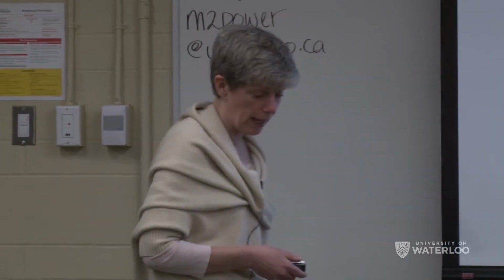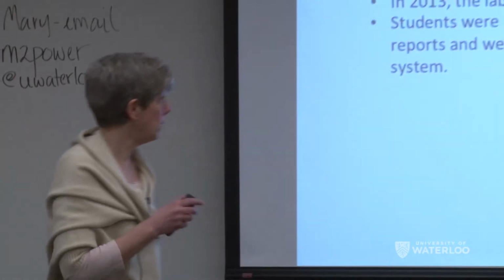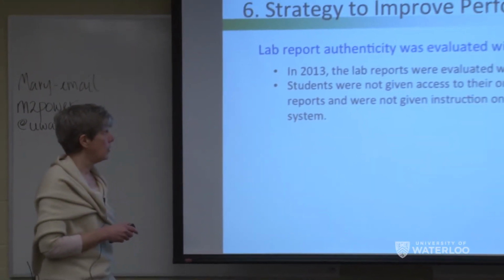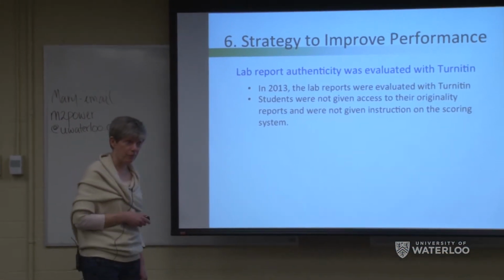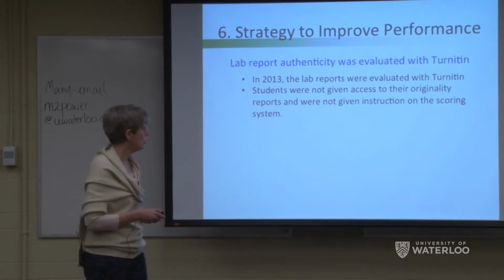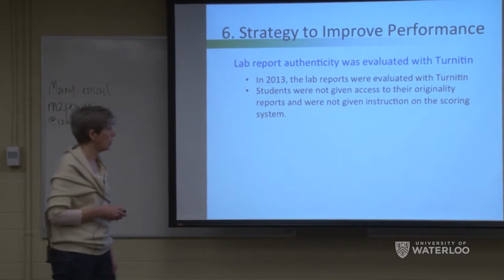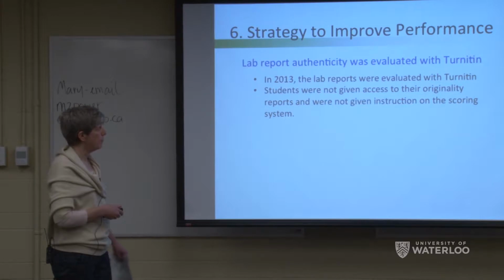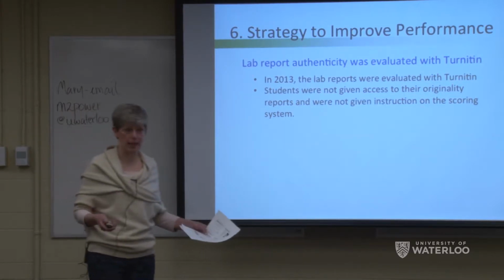And then we added using Turnitin in 2013. Just as Vivian did, we did not have the students using access to their originality reports. It was more just, let's see what's happening.